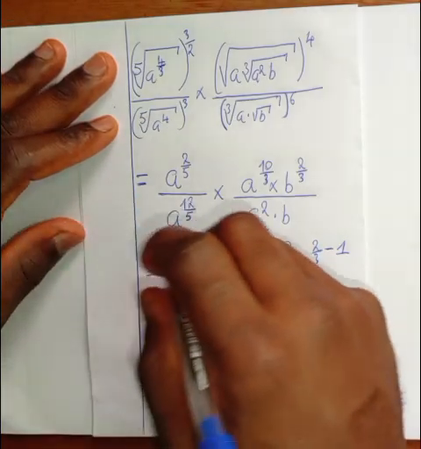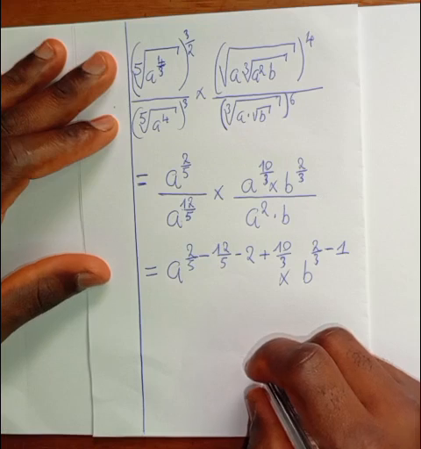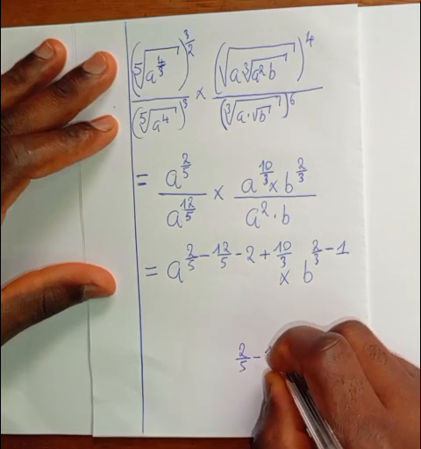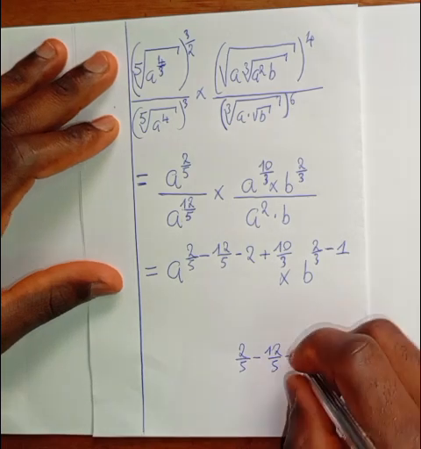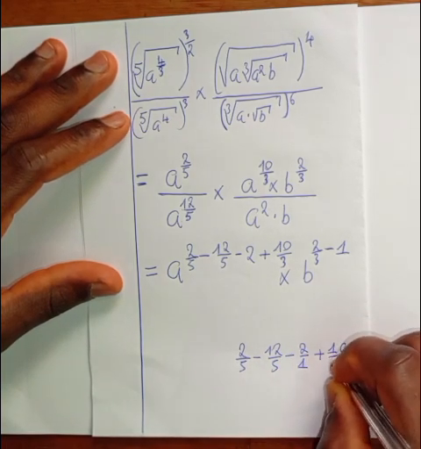Let's perform the subtraction. If we take, let's do it here, 2 over 5 minus 12 over 5 minus 2 over 1 plus 10 over 3.